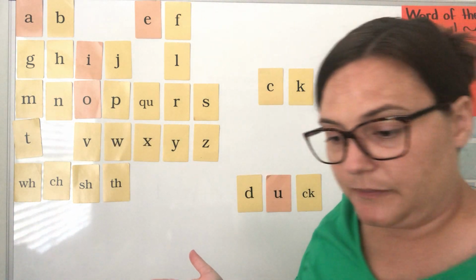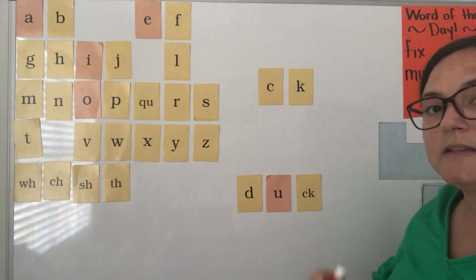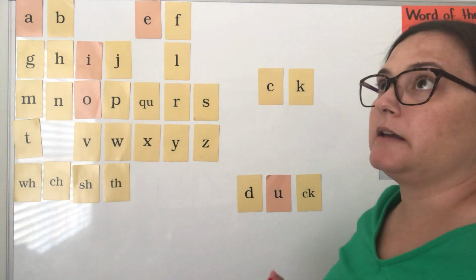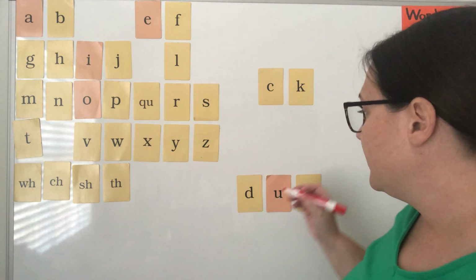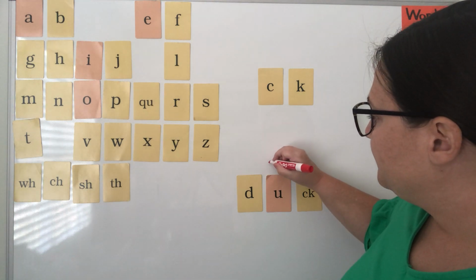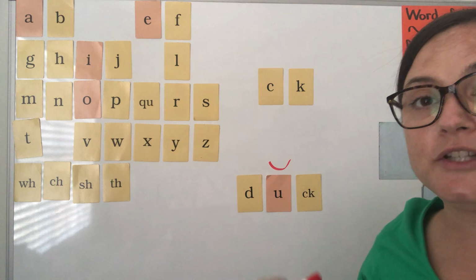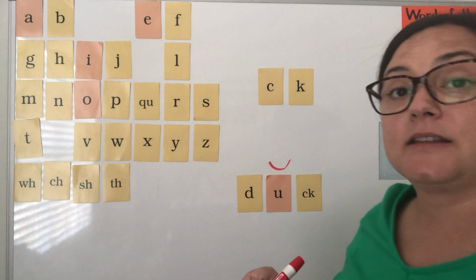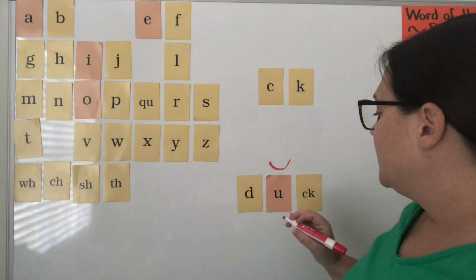Now I want to teach you something today. So I told you that these are the short vowel sounds. There's going to be times, like if you use a dictionary or if you go on Google and search a word, that you're going to see symbols. And this symbol is the symbol for a short vowel sound. It's called a breve, okay?